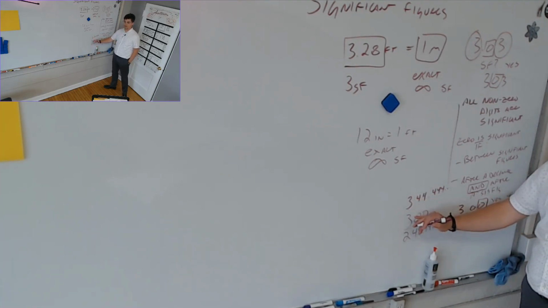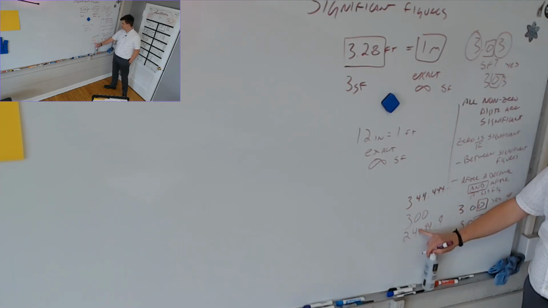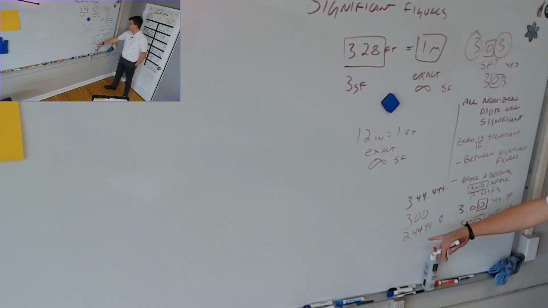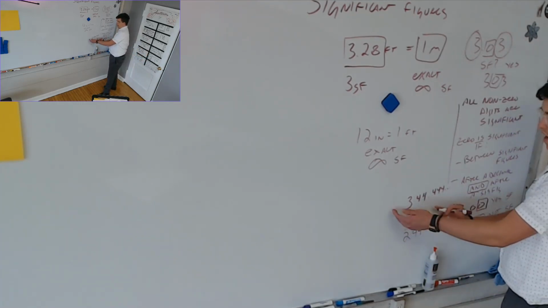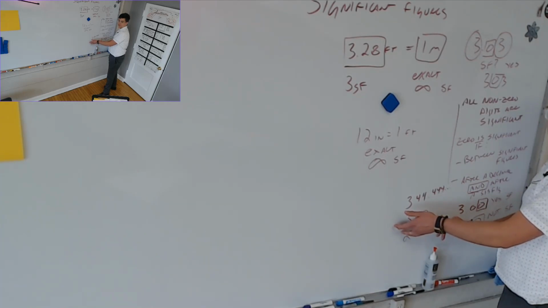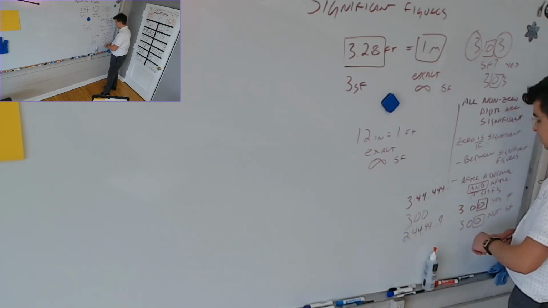Anything between these would round to 300. Does that make sense? So we still write 300. It's just that this 0 is not significant.